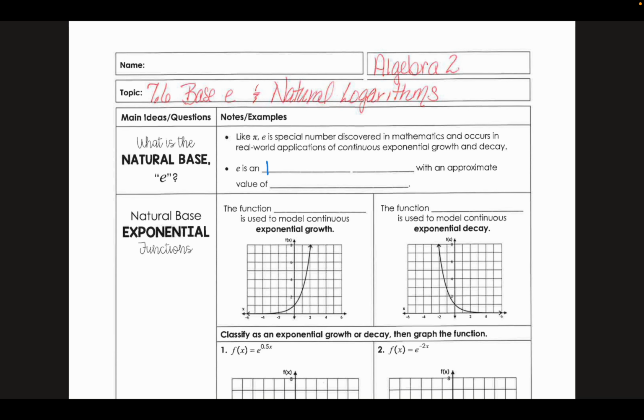So let's fill in the blank here. It is an irrational number with an approximate value, and the approximate value of pi is 3.14159 dot dot dot. It just keeps going forever with no pattern or repeating. And E is similar.